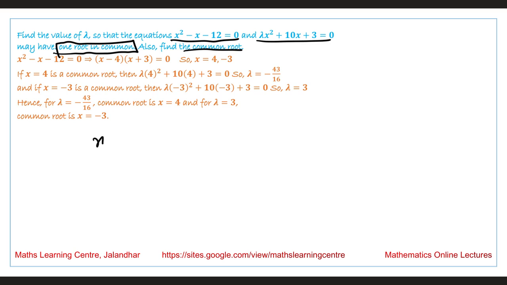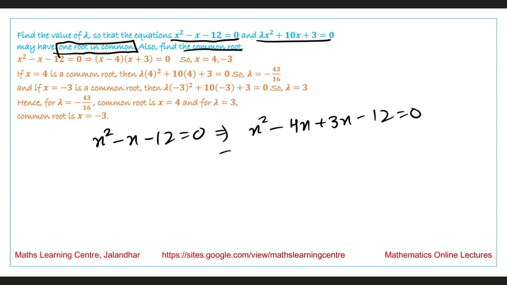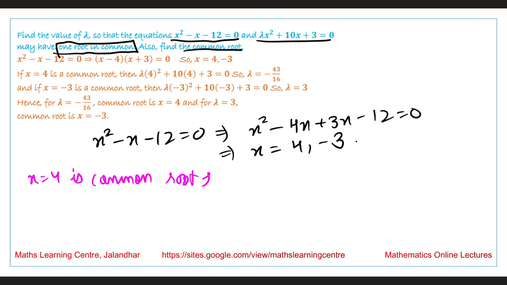If we look at the first equation, x² − x − 12 = 0, we can find the roots: x² − 4x + 3x − 12 = 0. So the values of x are 4 and −3. Now if we consider that x = 4 is the common root, it means this is a root of the equation lambda x² + 10x + 3 = 0.